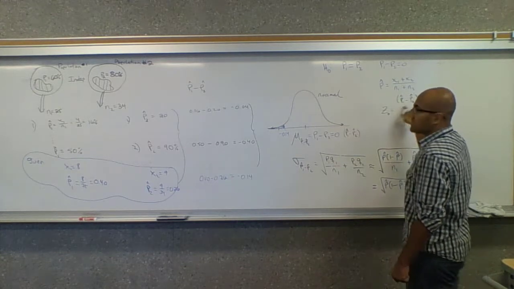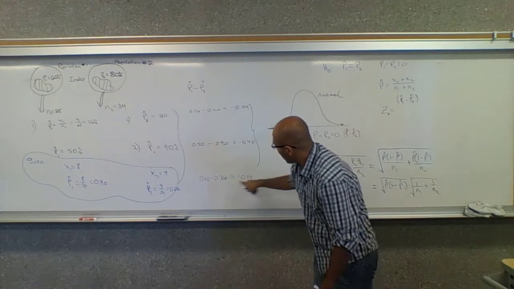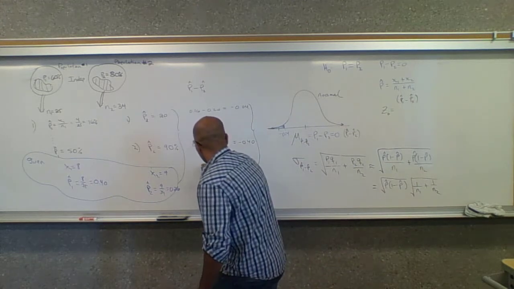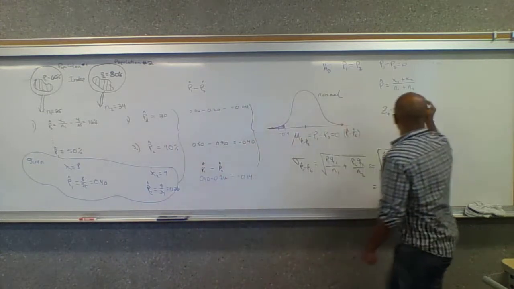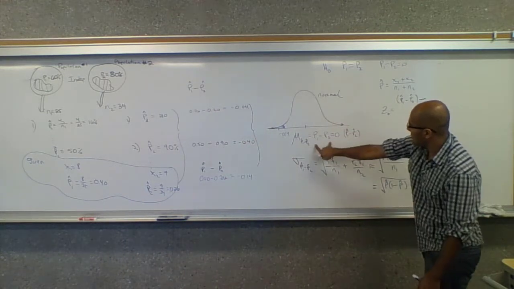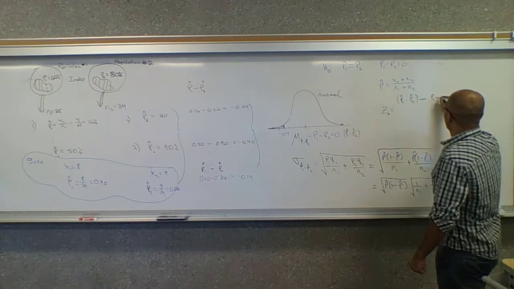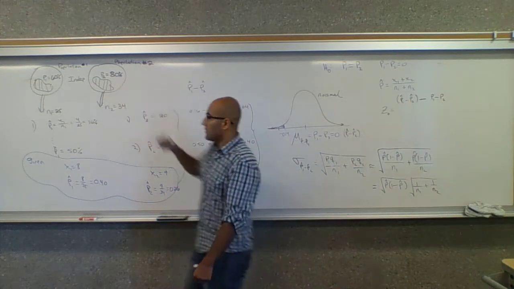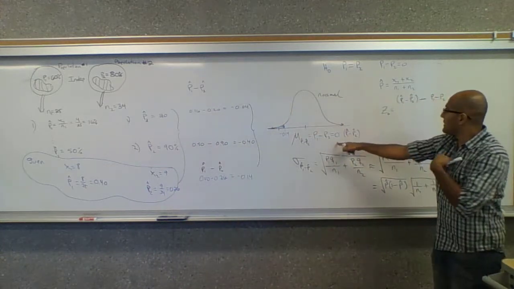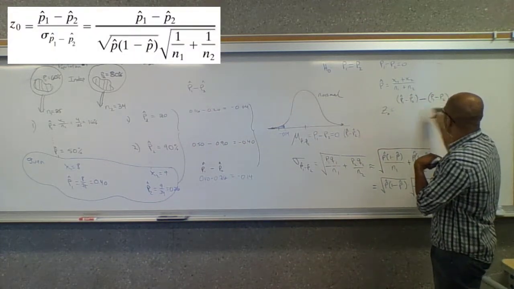That's the difference in our sample proportions. That's these numbers right here. This is p hat 1, p hat 2. And then minus the mean, which is p1 minus p2 without the hats. These are the proportions from our population. Well, for us, it's always going to be 0, but that's the general formula for it.